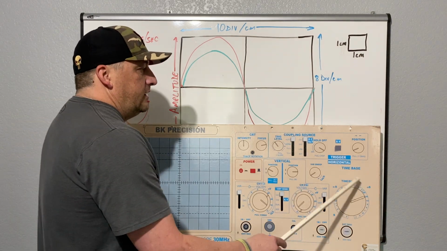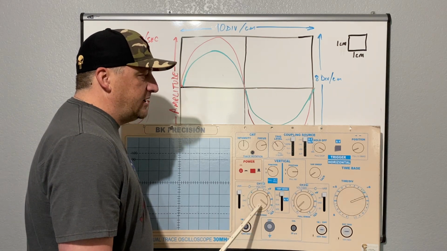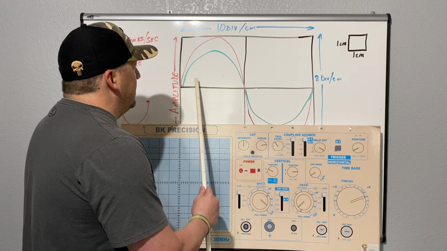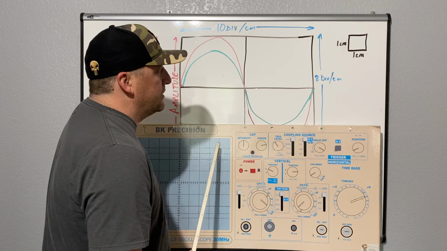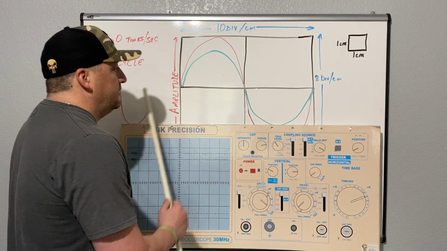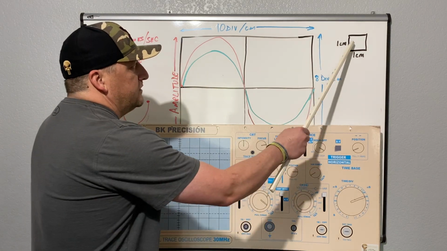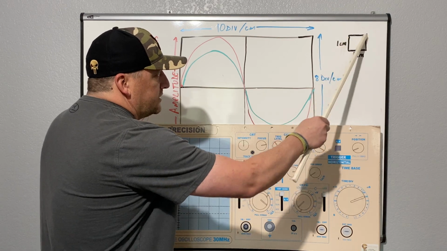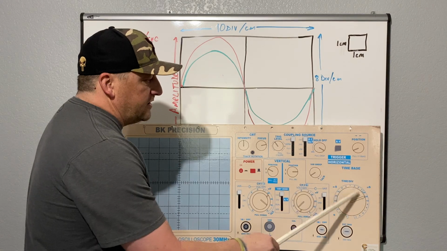Now, time base. Just like this vertical adjustment here, this time adjustment is going to adjust how much value you have across in your horizontal section. Remember, amplitude and time. So time is going to adjust the value of this horizontal portion of the block to a specific value.